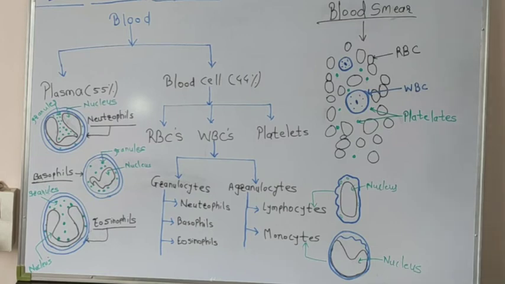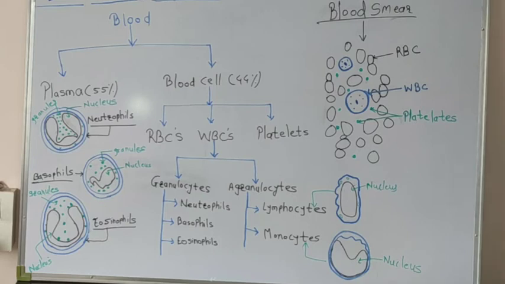That means they are helpful as helper T cells, killer T cells, memory T cells and suppressor T cells. That means killer, memory, suppressor, all these are functions of T lymphocytes, and these are also types of T lymphocytes.